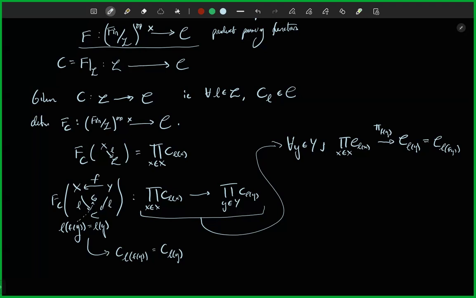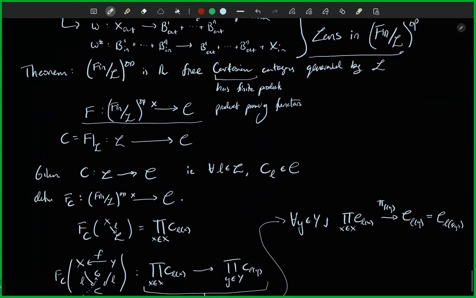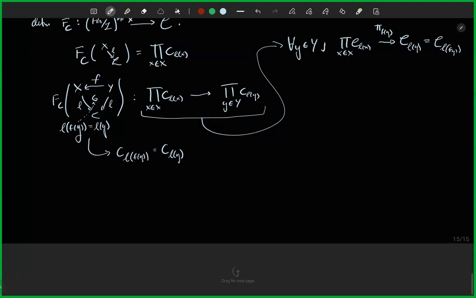So this relates to the idea that if it's a free Cartesian category generated by L, it has its own little internal type theory, the internal language.